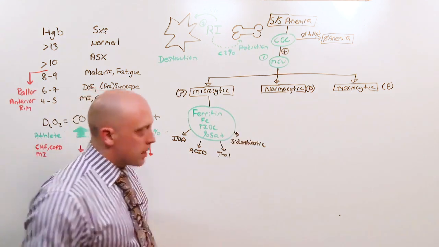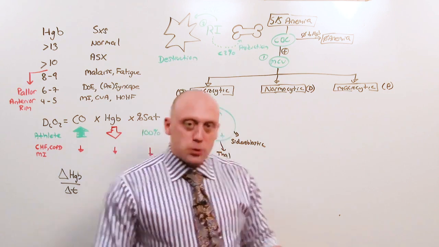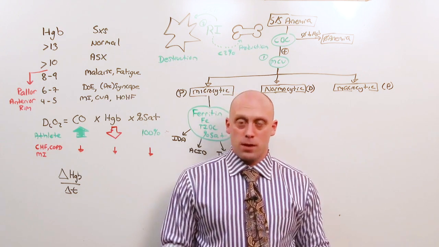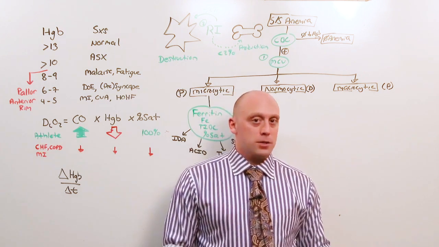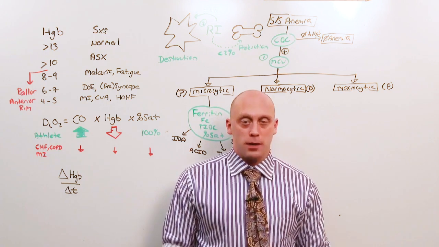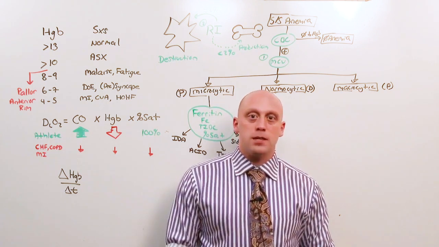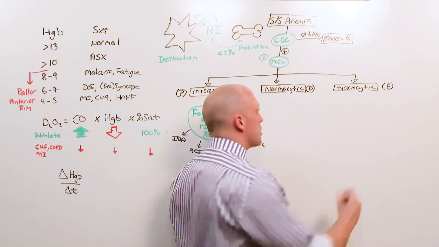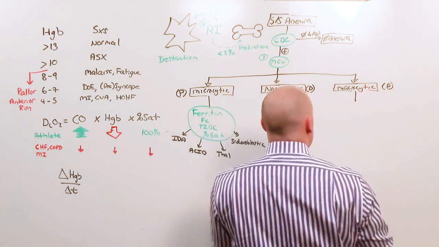Go to the opposite side, macrocytic. Most people presume that macrocytic anemia and megaloblastic anemia are the same thing. They're not. Macrocytic anemia means the cells are big. Megaloblastic anemia means there's impaired DNA synthesis. The way you tell the two apart is with a blood smear.